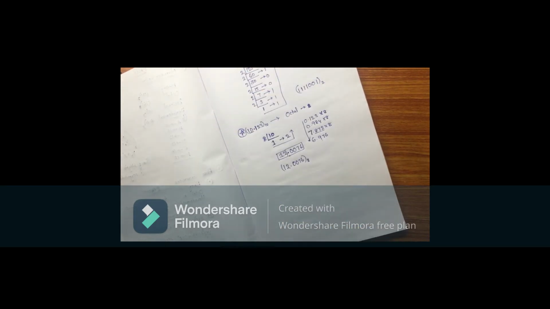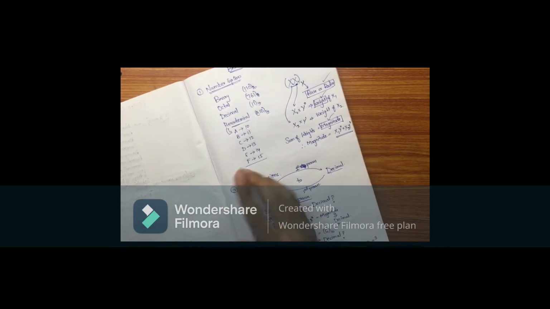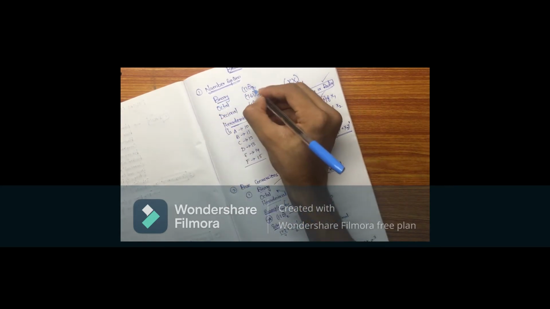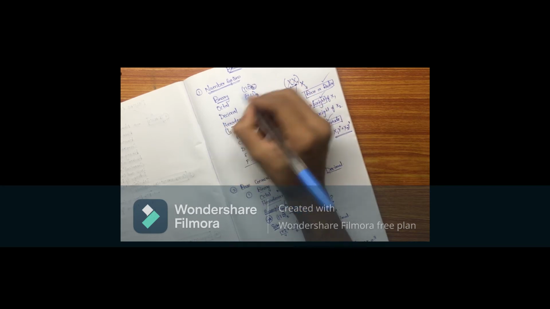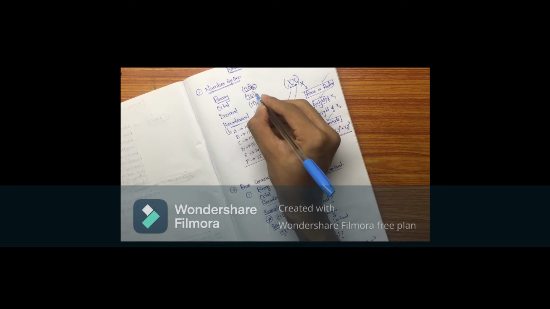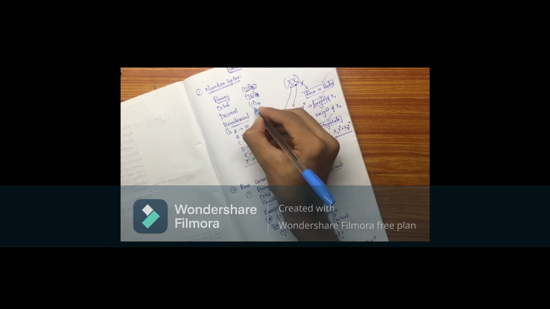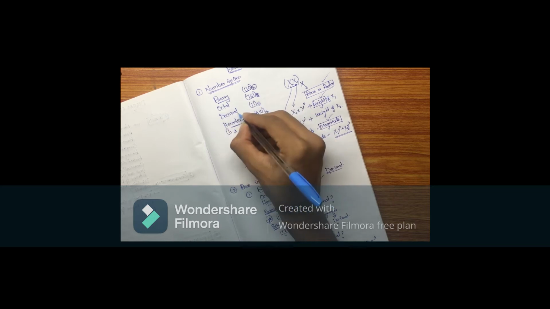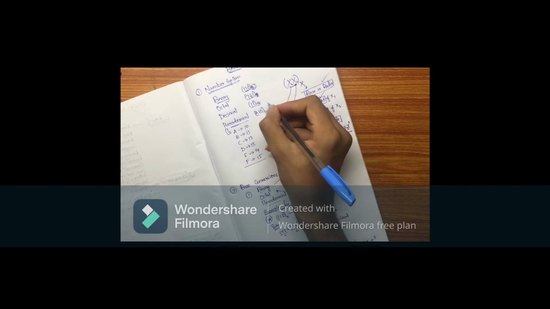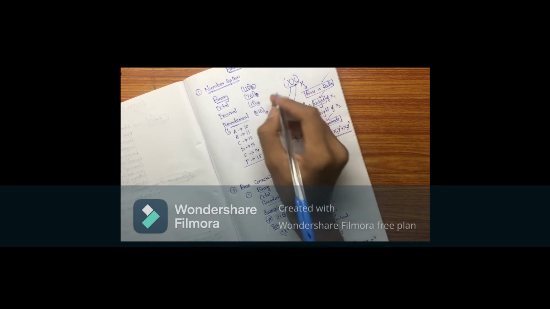One more important thing is that each digit of binary will be less than the radix, each digit will be less than 2. Here also each digit will be less than 8. And here each digit should be less than 10. Generally we use the decimal system in our daily life, so there you can see we have 1 2 3 4 5 6 7 8 9 10 11 12 13.